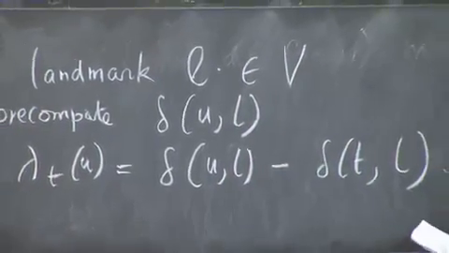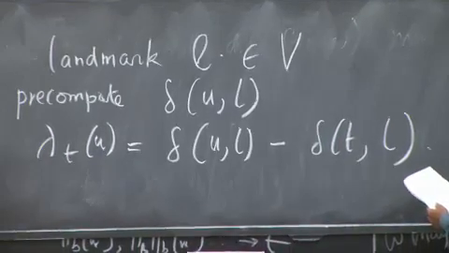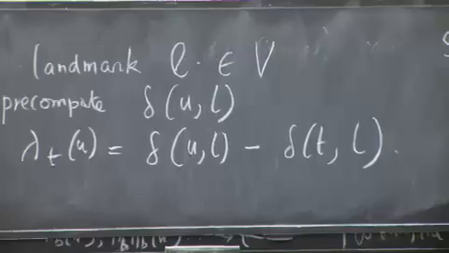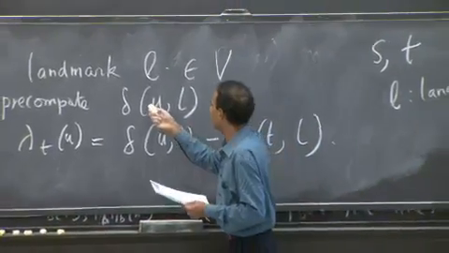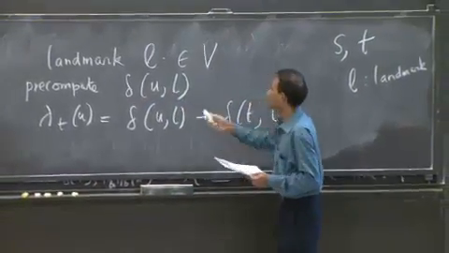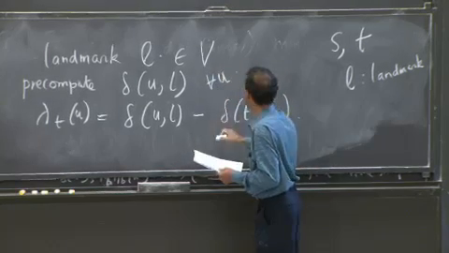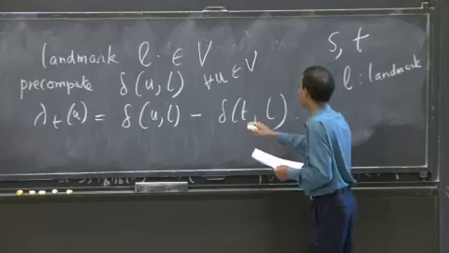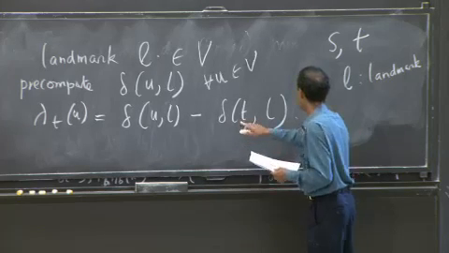Okay? So you have a source S, you have a destination T, and now you have a landmark L. I'm going to pre-compute delta UL for all U belonging to V, and I'm also going to pre-compute for a given T a delta TL.